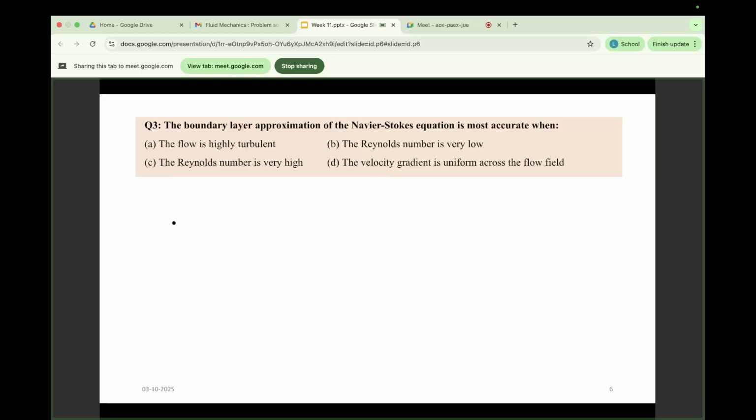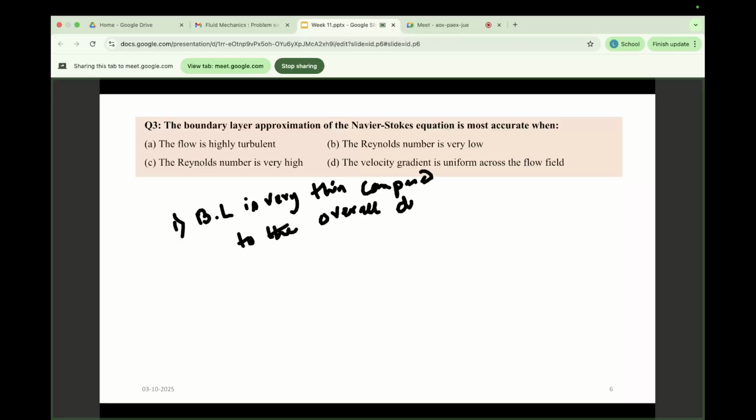What are those points? The first point is that the boundary layer, B.L., is very thin compared to the overall dimension of the body.